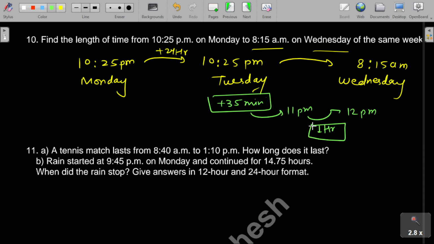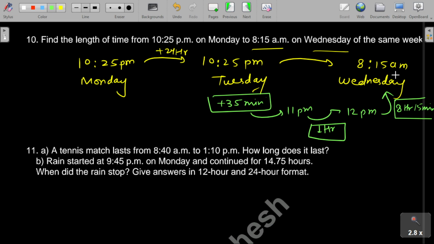I am adding 35 minutes, 1 hour, and if I add 8 hours 15 minutes, then the time is 8:15 a.m. on Wednesday.